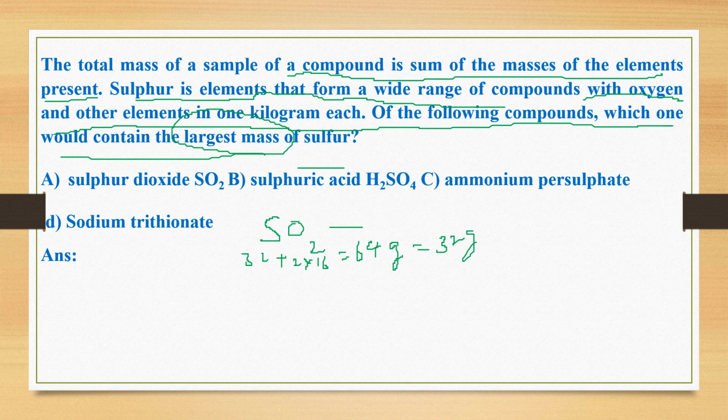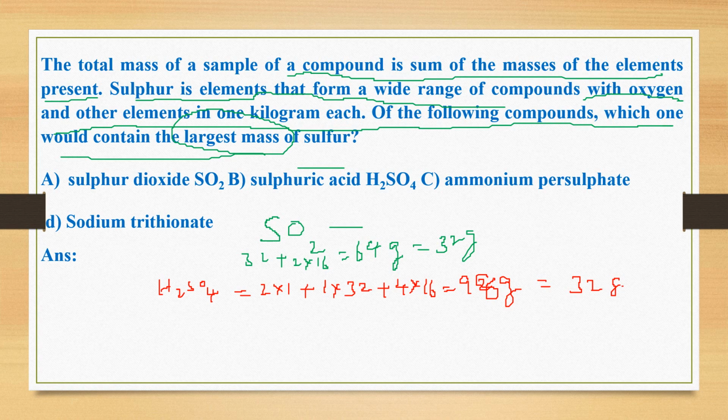This is number one. And number two is H2SO4. If you take H2SO4, then 2 into 1 plus 1 into 32 plus 4 into 16, we have to say 92 grams. Sorry, 98 grams. 98 grams contains 32 grams. Next, you take C, ammonium persulfate.